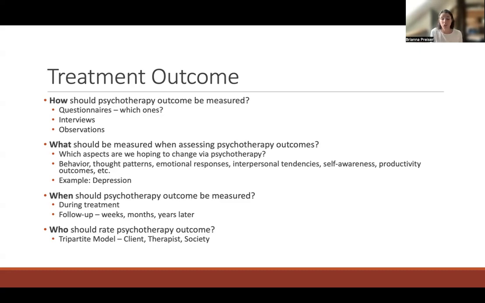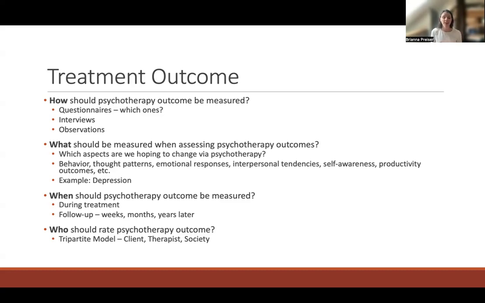But some potential answers could be to measure the behavior, the thought patterns, the emotional responses, the interpersonal tendencies, the awareness of that internal mental process, academic or professional outcomes, and others.